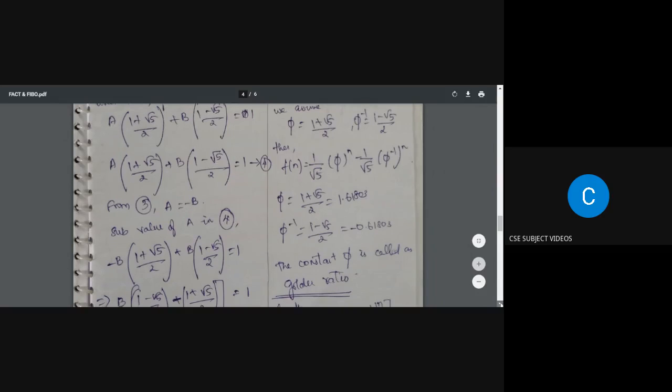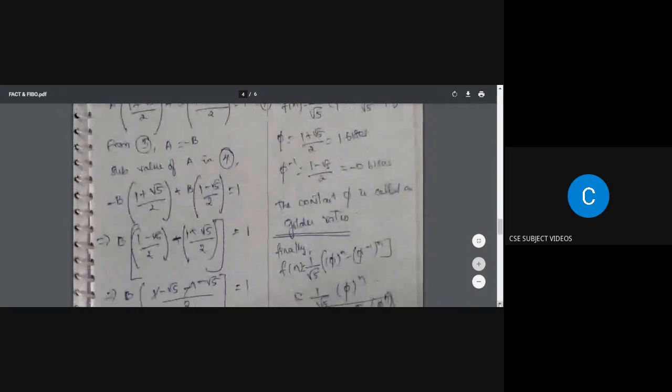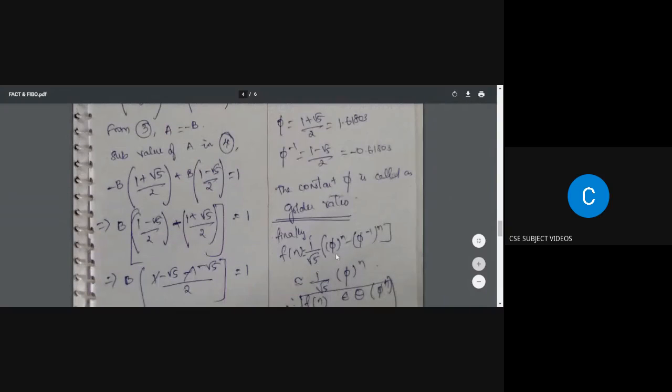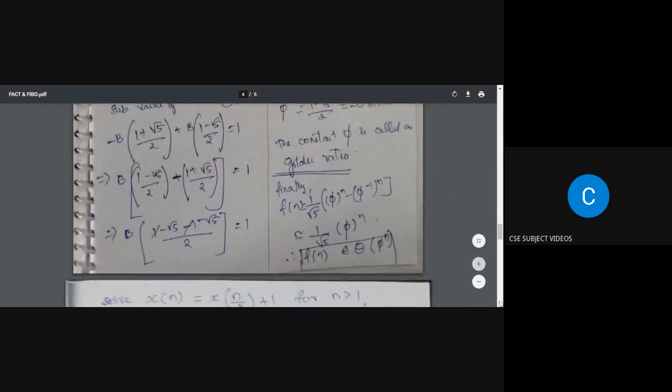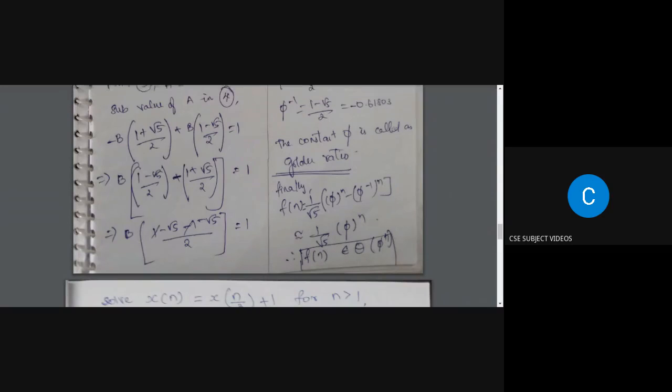So now finally we'll be getting the equation f of n equal to 1 divided by root 5 into (phi to the power n minus phi inverse to the power n), which is approximately equal to 1 divided by root 5 of phi to the power n, which belongs to theta of phi to the power n.